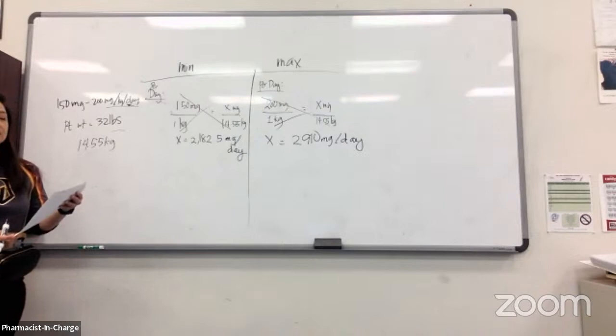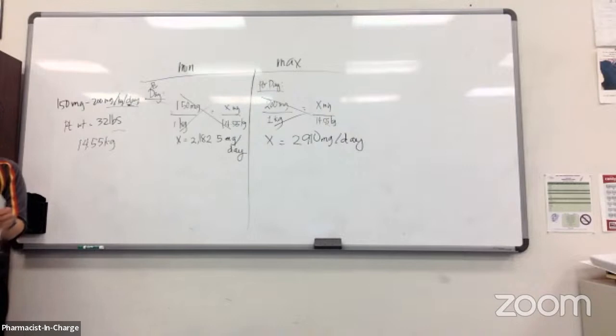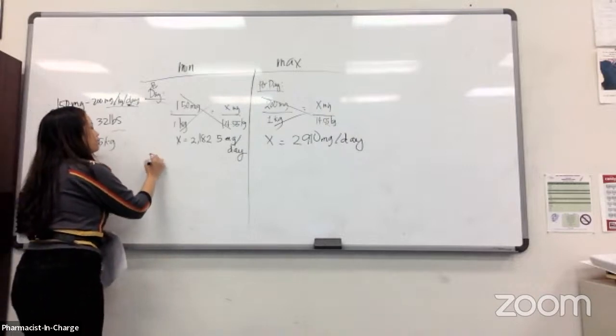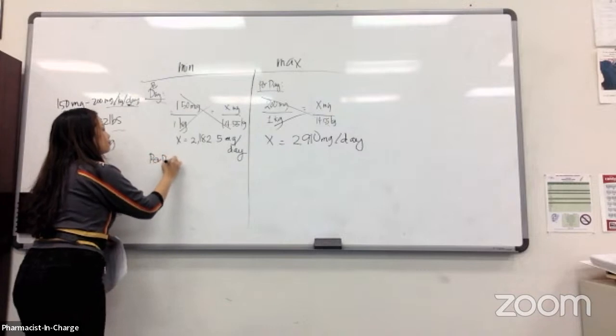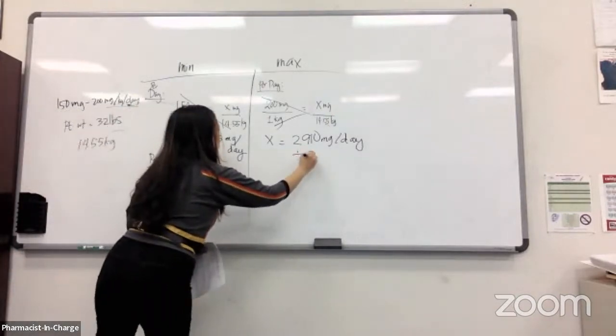Then there it says TID. There is a follow-up question. What is the minimum maximum milligram per dose? And there's a TID given. So what do I do if I want the per dose here? Very good. Just divide this answer by 3.